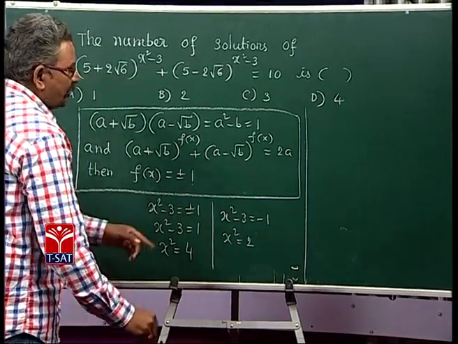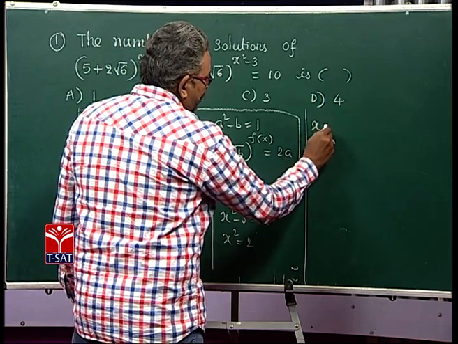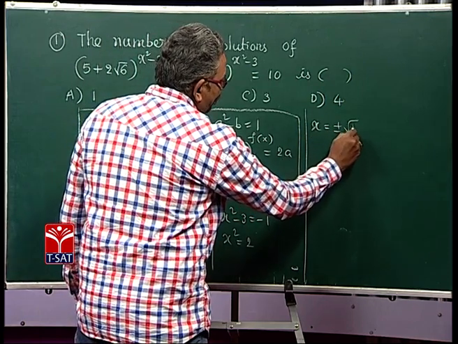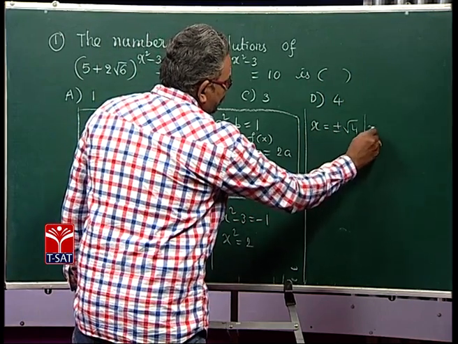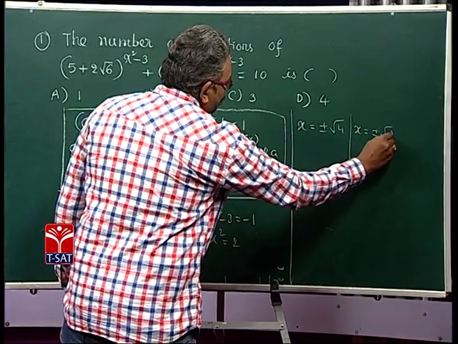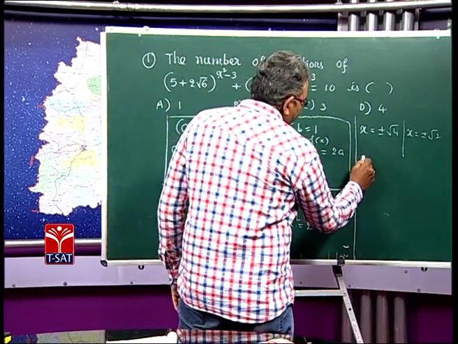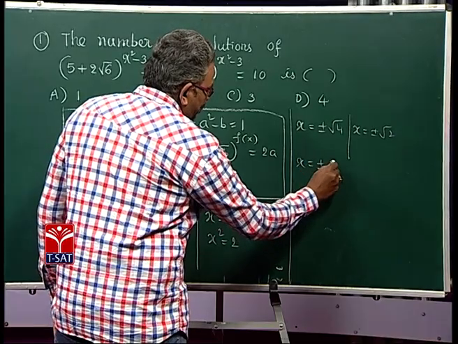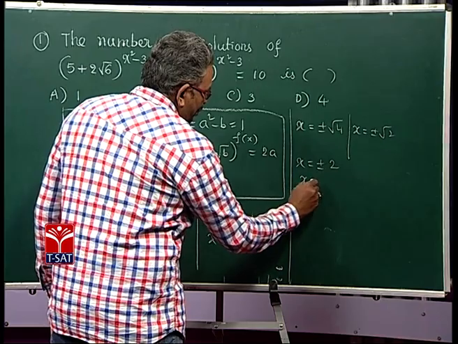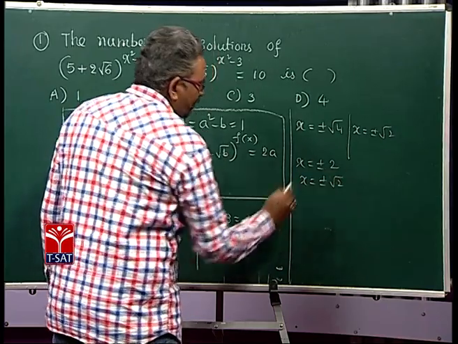Here we can find x is equal to plus or minus root 4, and x is equal to plus or minus root 2. So x is equal to plus or minus 2 and x is equal to plus or minus root 2.